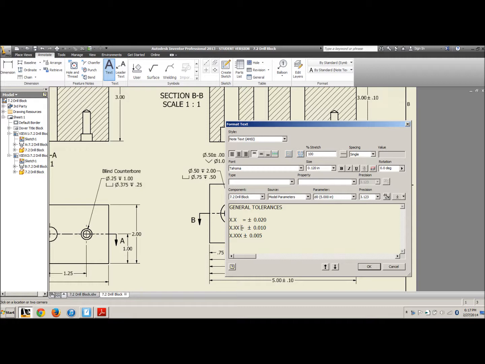Somewhere in there we should probably space those so that everything lines up nice and neatly once we know how far across we want to go. Makes it nice and neat and easy to read. And then an angle is plus or minus 1/2 degree.